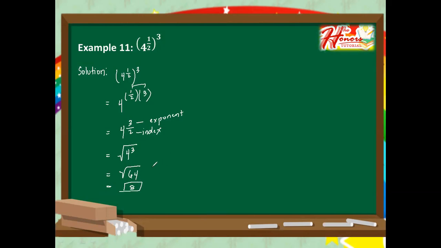Because without a calculator, when you are solving for the square root of 64, just think of a number that when you raise to 2 is equal to 64. This is how. 8 raised to 2, meaning 8 times 8, is equal to 64. That's why the answer is 8. We are not including the exponent anymore, so just get the base, and that's the final answer.